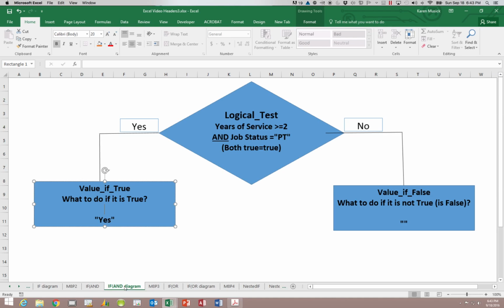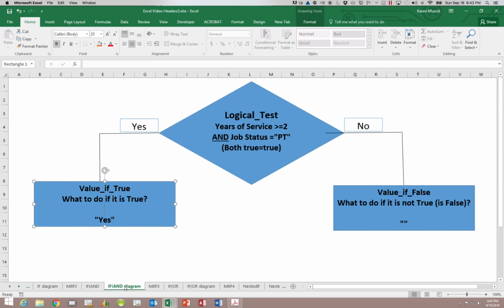Notice PT is a text value, so it has to be in quotes. If both tests are true, then our response to our if statement is true.